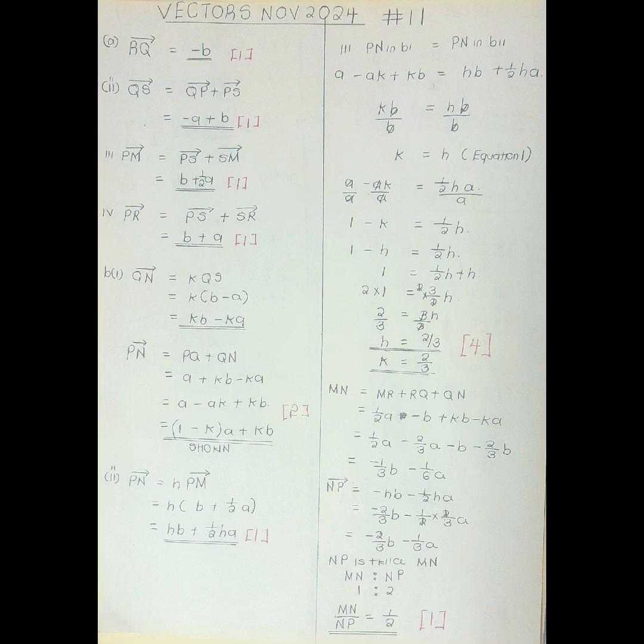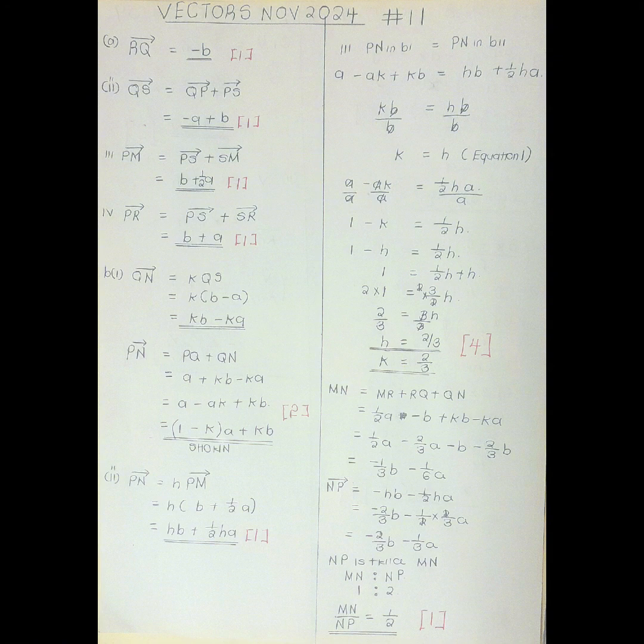Number 11 was a question on vectors. The first part required candidates to find RQ. We say RQ is the opposite of PS, so RQ is going to be minus B. And then we move on to the next question.